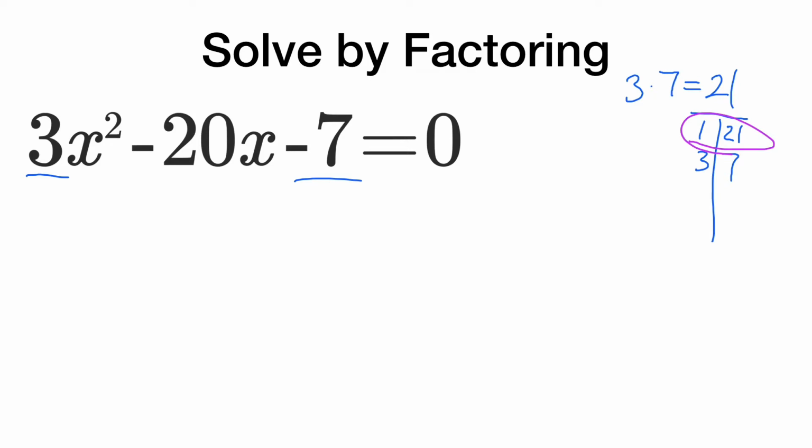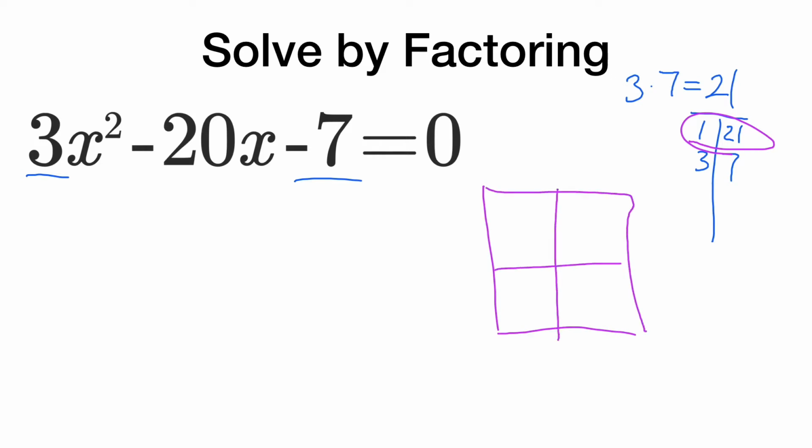So rather than just going straight to writing out the factors like I've been doing before, I have to put this in. I'm going to use the box method, 3x squared minus 7. That's my first part. And then, let's see, minus 21x plus x. And now I just start factoring. The greatest common factor between 3x squared and x is just x.